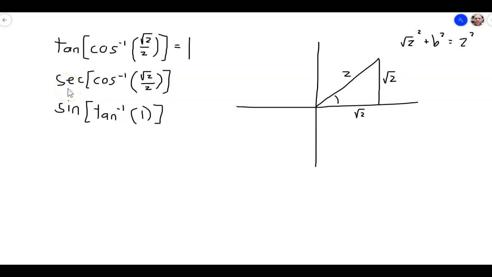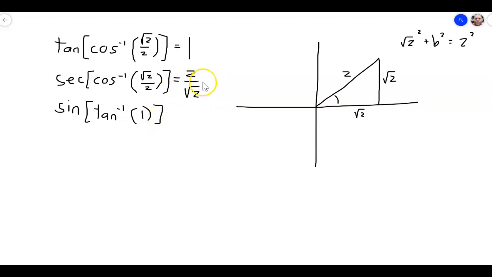So remember, the secant is the reciprocal of the cosine. So if the cosine is adjacent over hypotenuse, the secant is hypotenuse over adjacent. So that's just going to be 2 over root 2. And MyMathLab will actually take it just like that, so you can leave it like that.